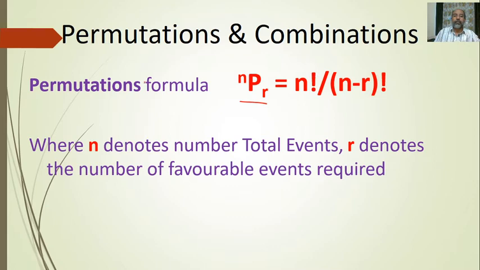Where n denotes the number of total events, and r denotes the number of favorable events, or the pairs you want.